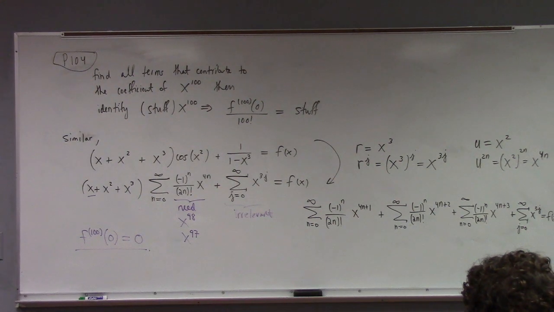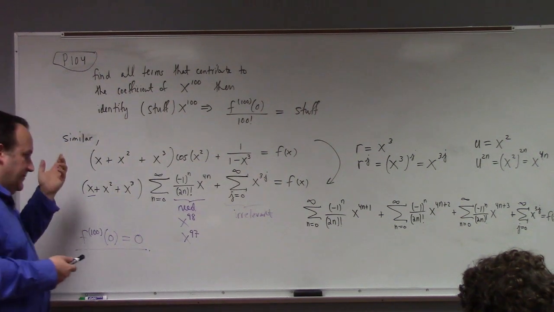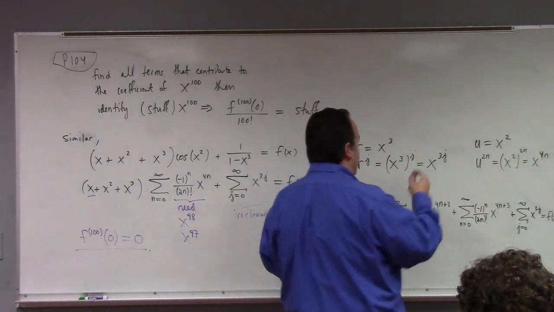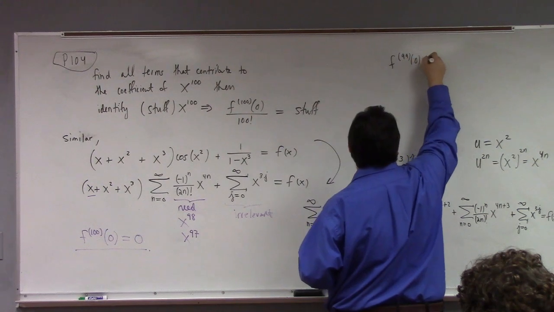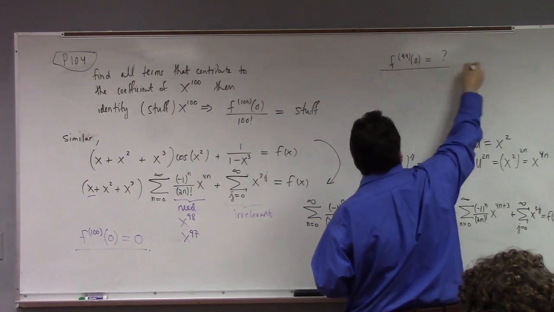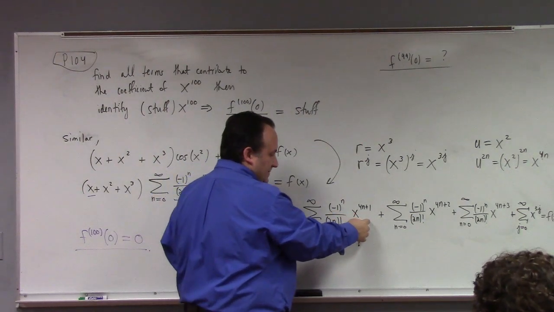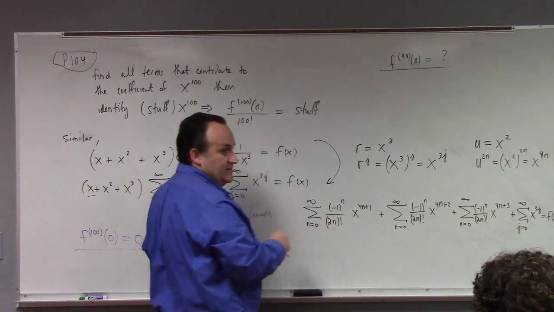Now, suppose the initial question posed, 0 is the answer because there is no such term. How about if we look for the 99th derivative? Well then, you notice that this does not have anything of the form x to the 99, right?